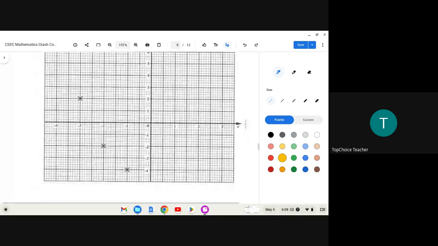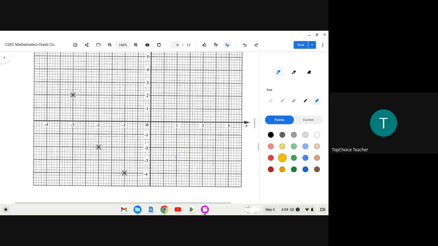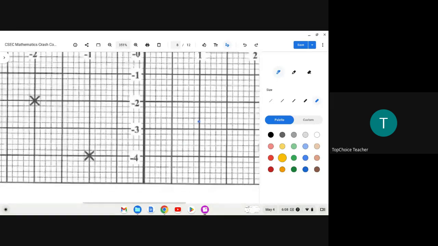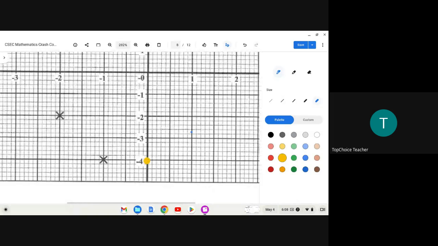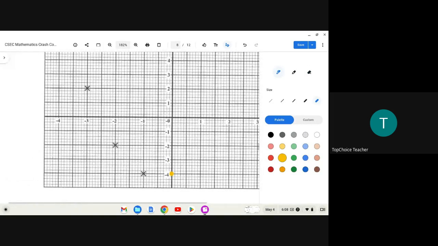So here, where would that coordinate be? 0 on the x-axis, -4 on the y. So that would be this point here. Right, so let me just neaten this up a little bit. Right here. Okay, that would be this point.